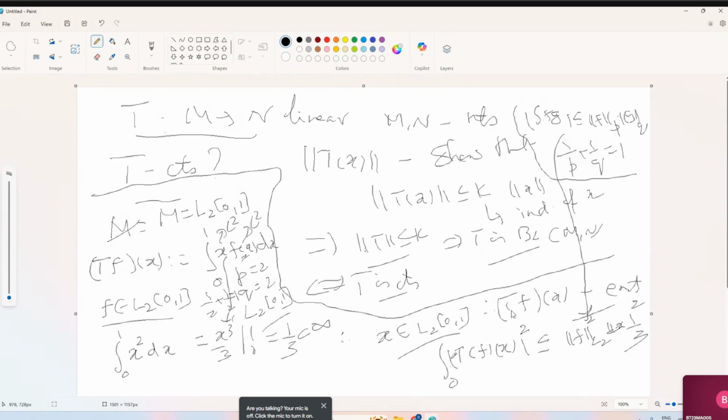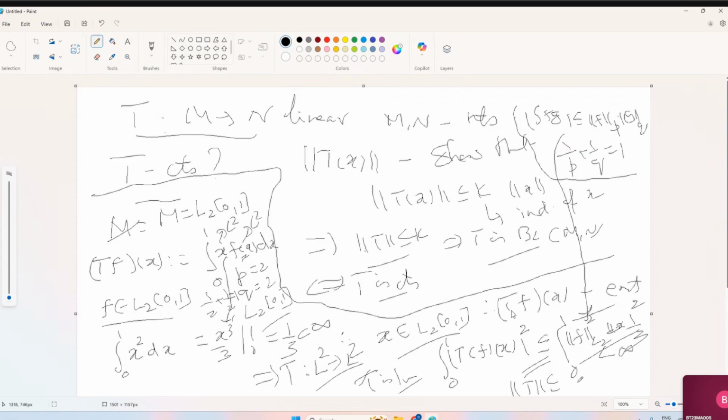Integrate 0 to 1. This is finite because this is a constant. Therefore, T is a map from L2 to L2. Is it clear? T is linear, obvious. Now this gives you that the norm of T is bounded by 1/3 or whatever it is. So it is bounded. Therefore, T is a continuous linear operator.